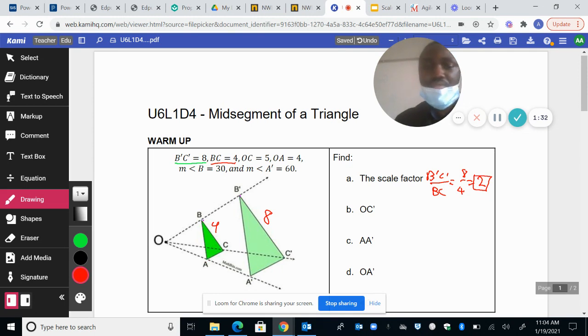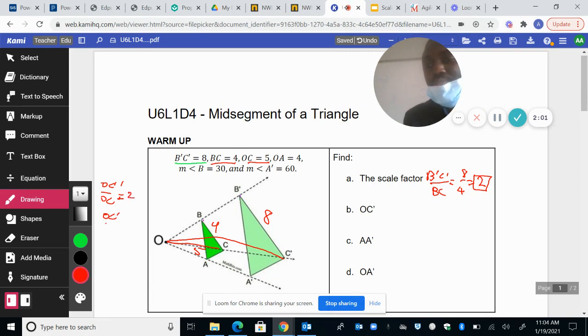Then we are asked to find OC prime. OC prime is from the center of dilation to point C prime on the image, and the corresponding distance on the pre-image is OC, which is 5. So OC prime over OC, image over pre-image, is the scale factor.